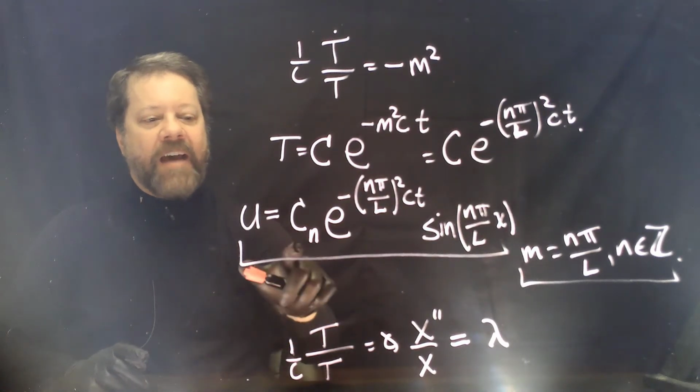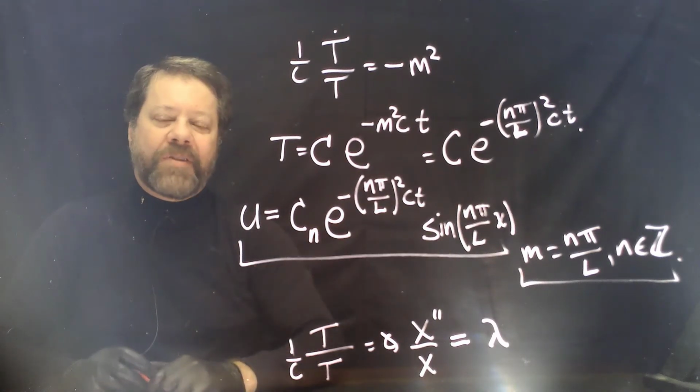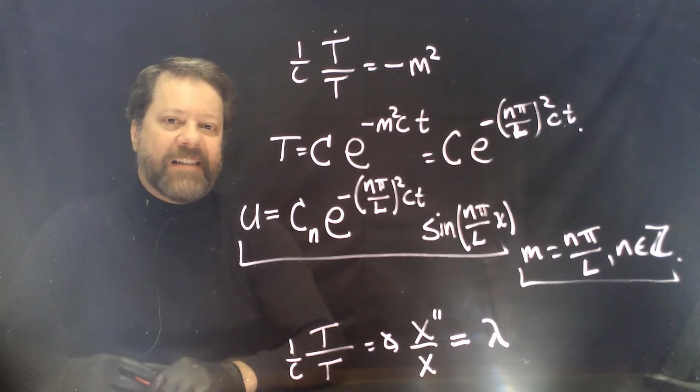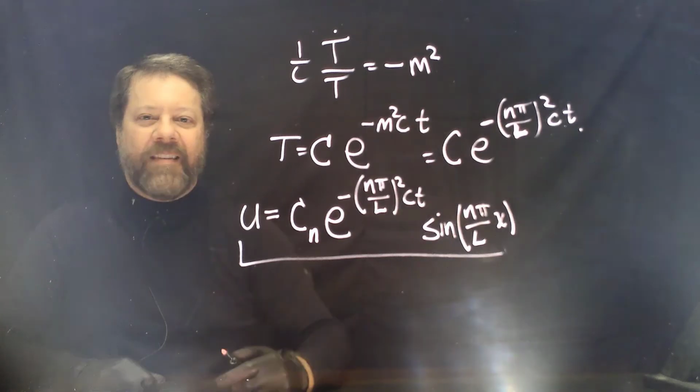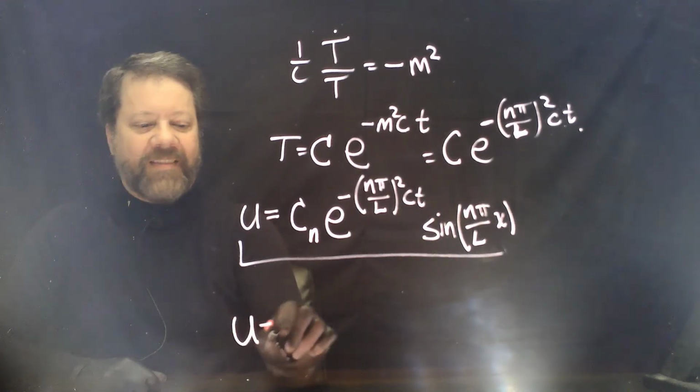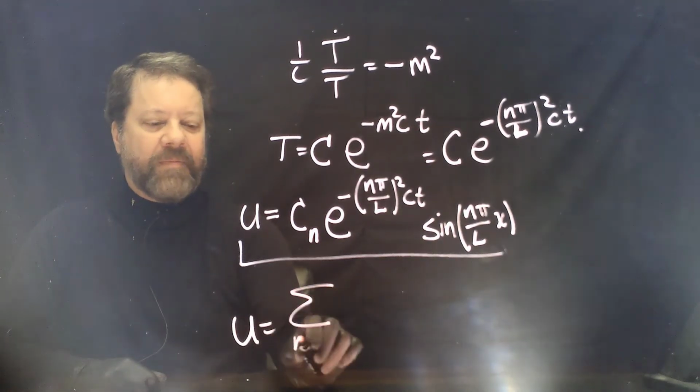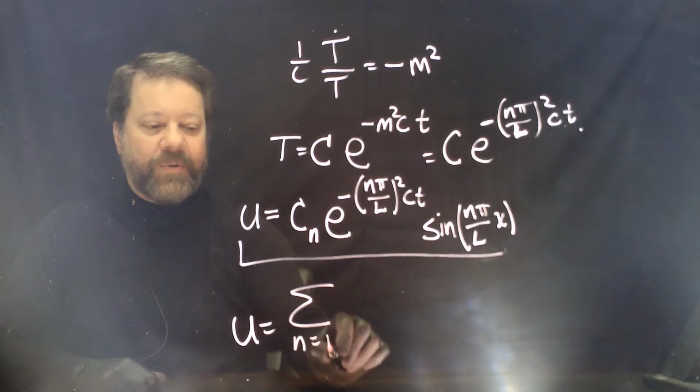You can see that we have a family of different solutions for different values of n. We can add those up and find a more general solution. So more generally, we'll have the sum. We may as well start at n equals 1.